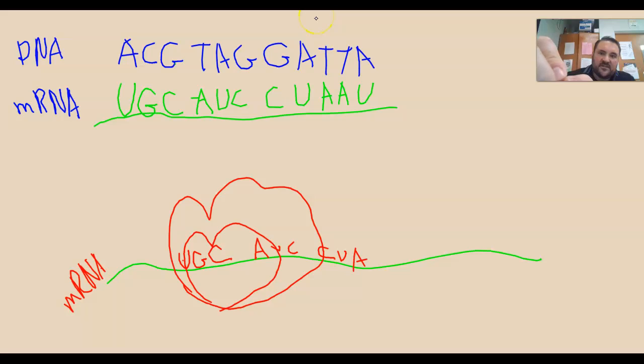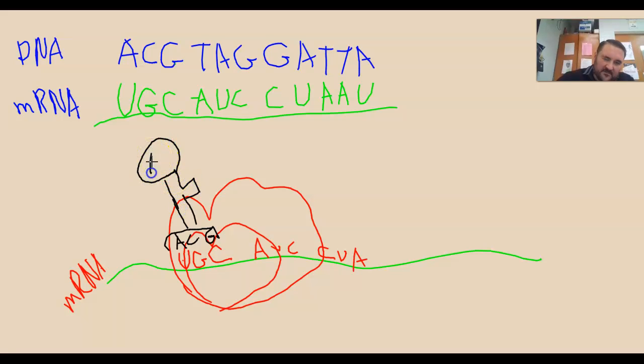And then we have these tRNAs that match up. So this would be A, C, G. And the tRNAs bring in an amino acid.